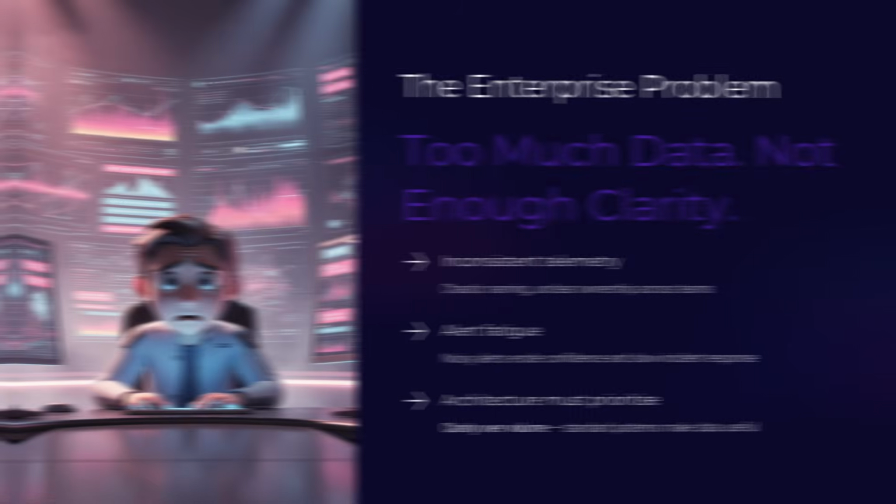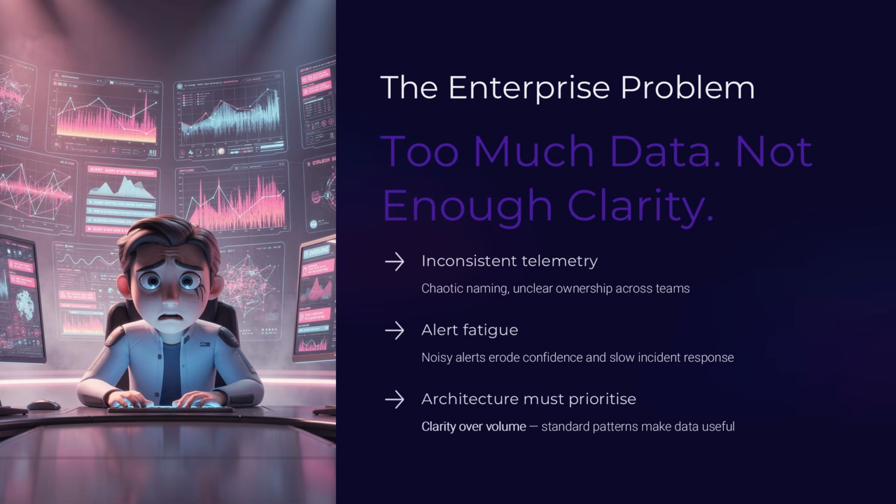With signals understood, you now address the reality leaders and architects face. Observability often fails because organizations collect enormous amounts of data, but still cannot answer basic questions during incidents. This happens when telemetry is inconsistent across teams, naming conventions are chaotic, alerts are noisy, and ownership is unclear.